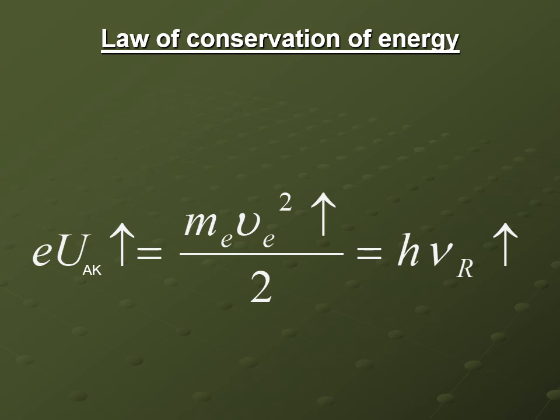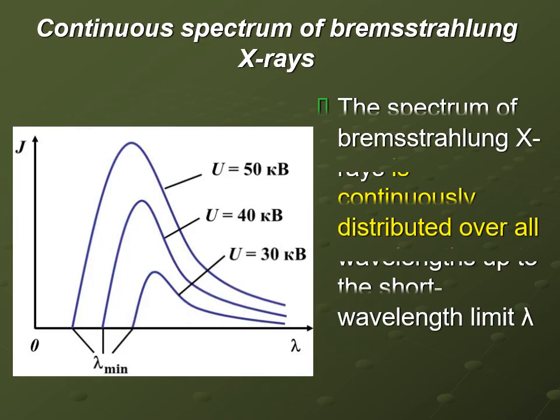The next question concerns the continuous spectrum of X-ray radiation, and on this slide we have shown the dependence of the intensity of X-ray radiation. The same kind of dependence will apply to the X-ray radiation flux versus wavelength. In other words, we see that our spectrum will be continuous, and it starts from some minimum wavelength value, and then there are many wavelengths in this spectrum.